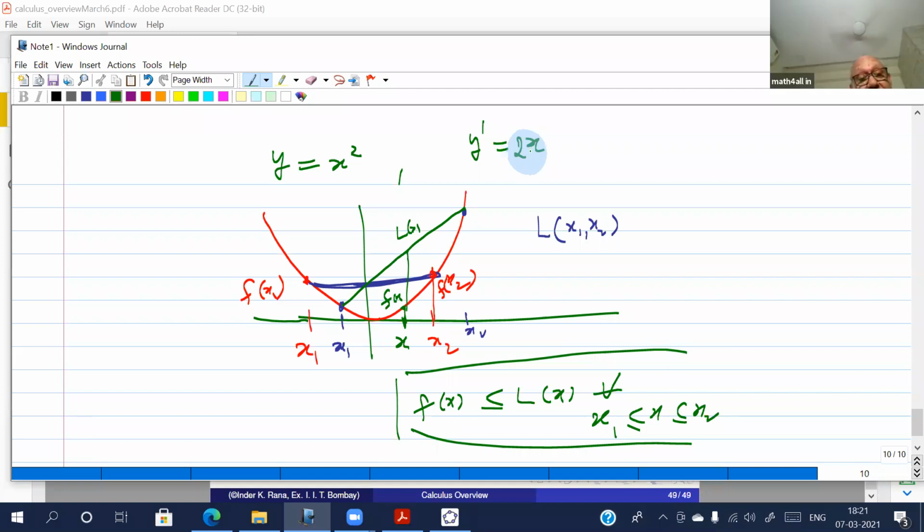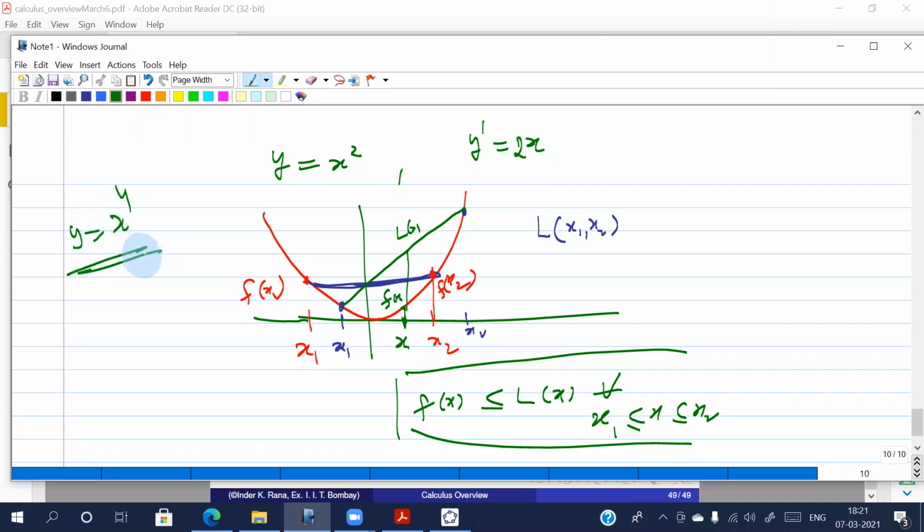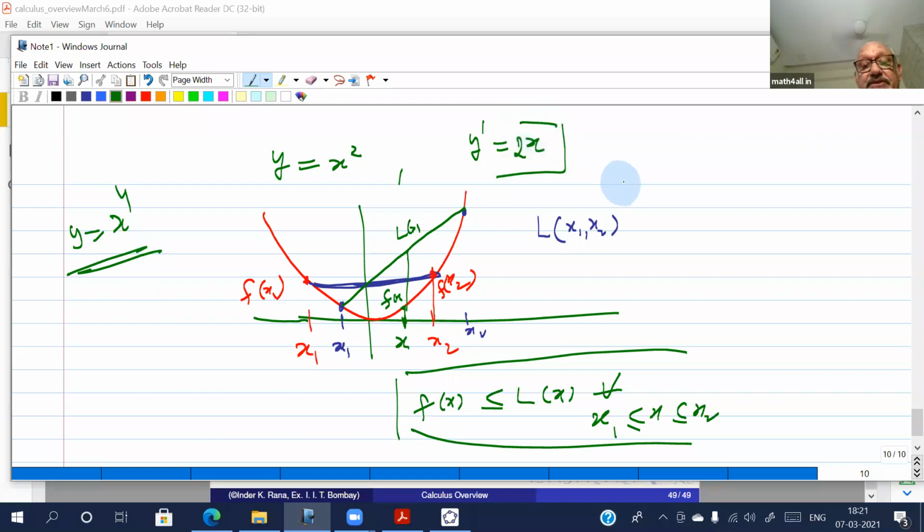I'm saying that at least it gives a hint. For example, look at y equal to x to the power 4. Probably this is the way, by looking at examples, you should make a guess.